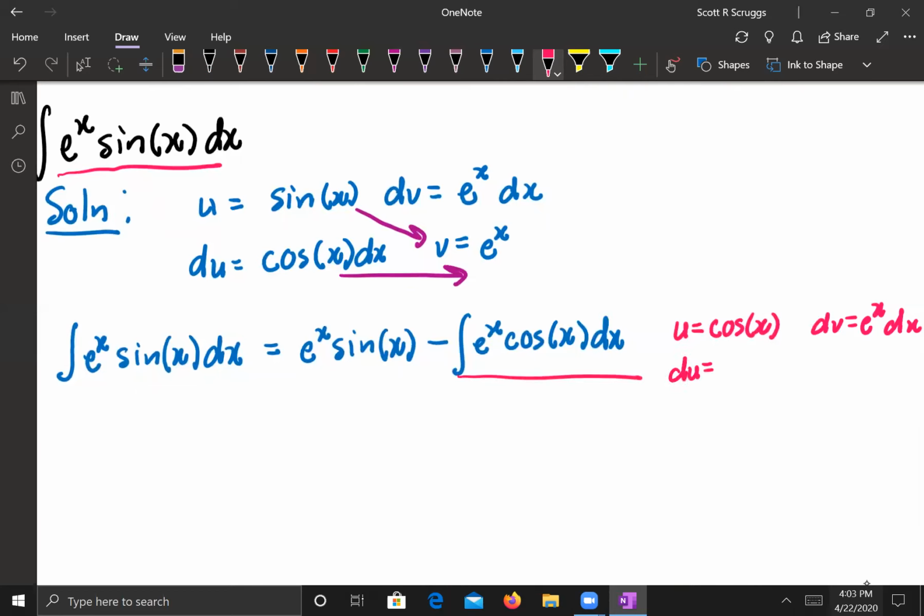So the derivative of cosine will give me the negative sine of x dx. And e to the x is boring because its antiderivative is itself.